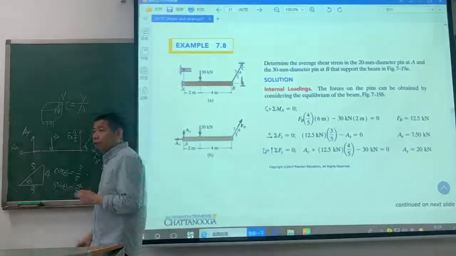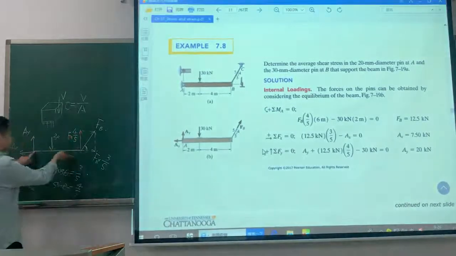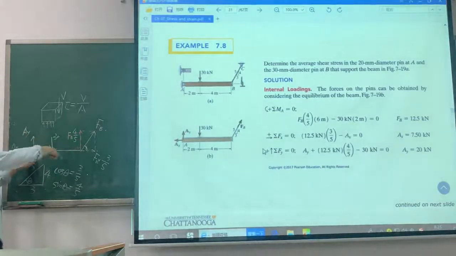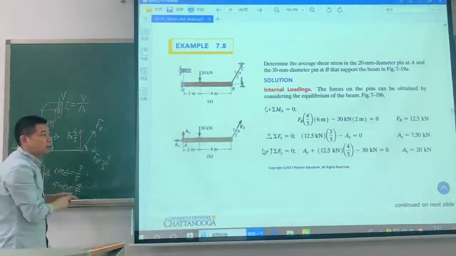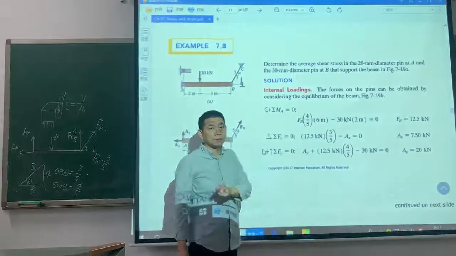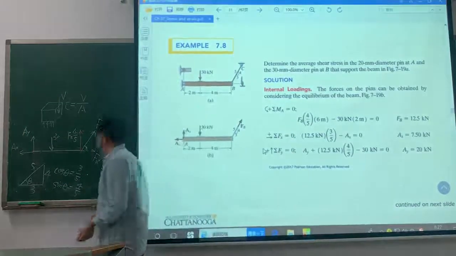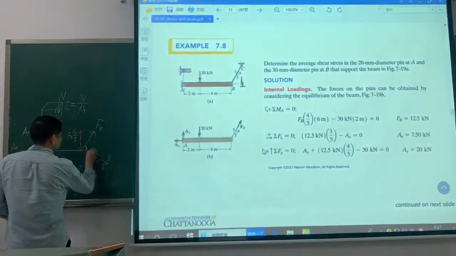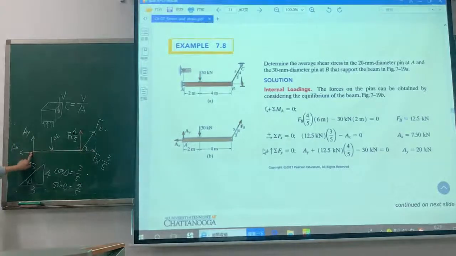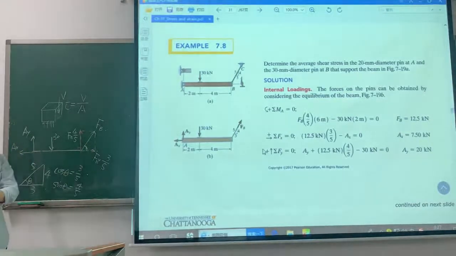The rotation is anti-clockwise. Yes, anti-clockwise is positive. The other component passes through point A, so the distance is 0.